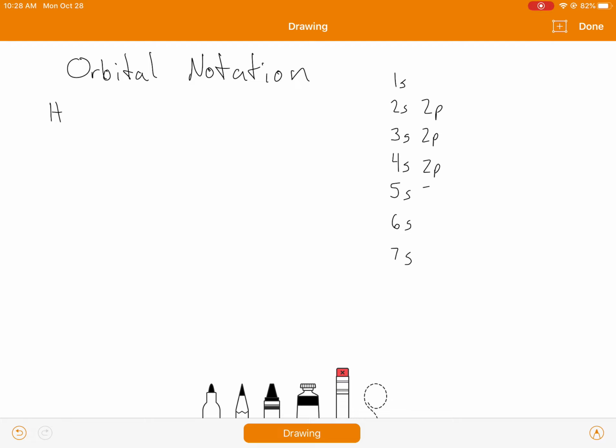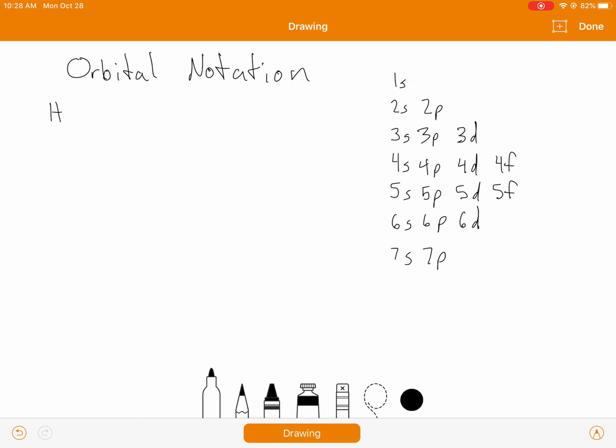Let me get rid of this. Here we go. 3P, 4P, 5P. And then the third energy level can get a D. And then the fourth energy level can now get an F.